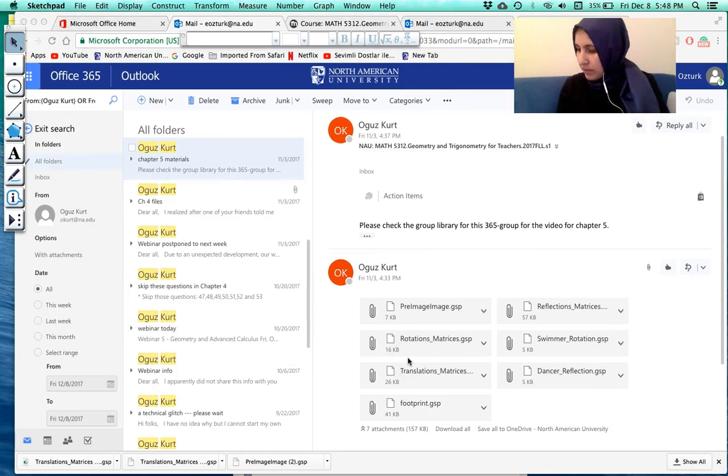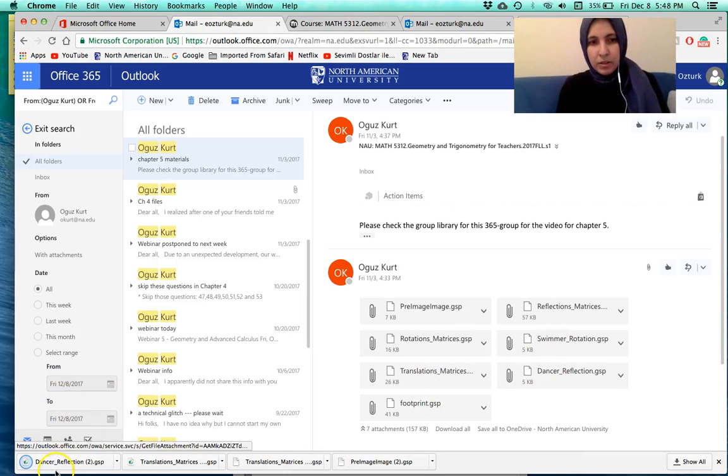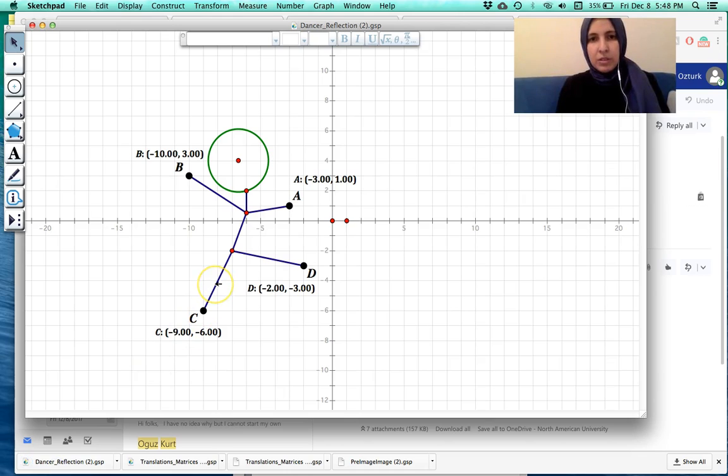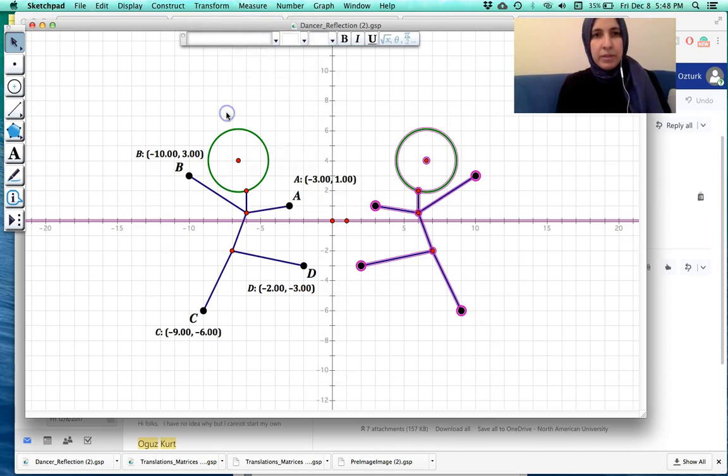I need the denser reflection. It wants me to reflect it over y-axis, pick it as a mirror, and then reflect it. Yay, I got another stick figure.